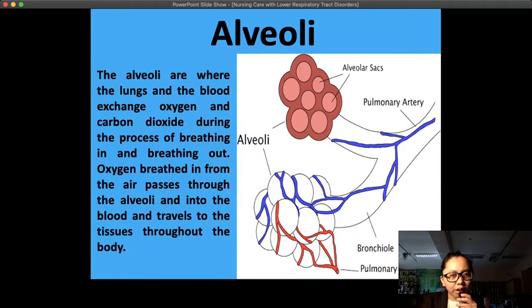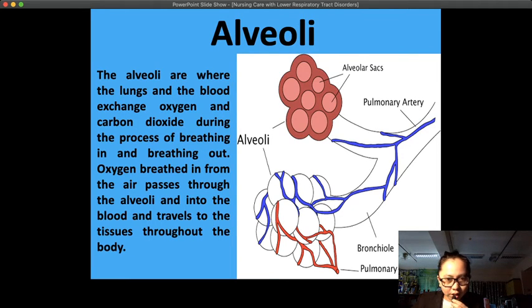So the alveoli are where the lungs and the blood exchange oxygen and carbon dioxide during the process of breathing in and breathing out. Oxygen breathed in from the air passes through the alveoli and into the blood and travels to the tissues throughout the body. So you can see the pulmonary artery carries the deoxygenated blood outside, from the lungs outside, and then the pulmonary vein carries the oxygenated blood.